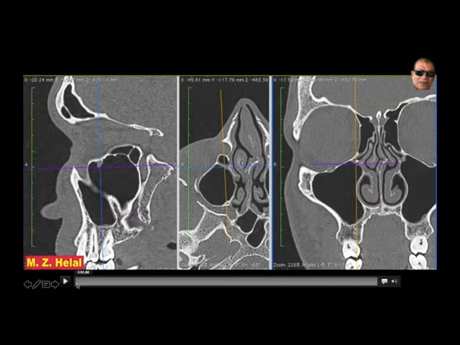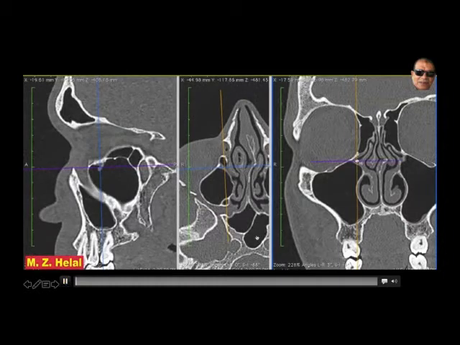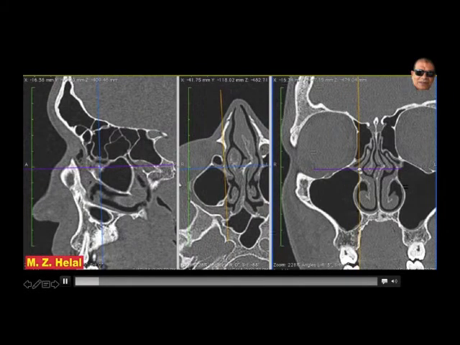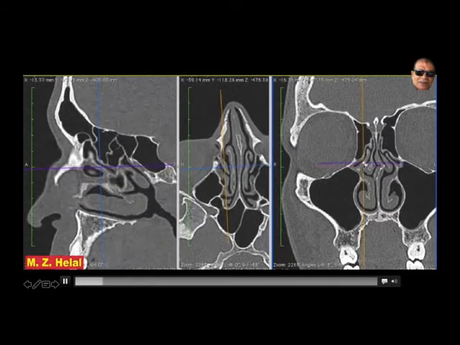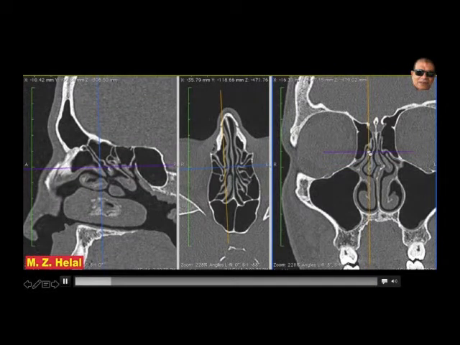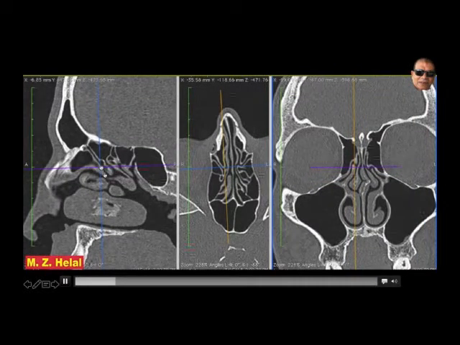By grasping the coronal intersection and moving, I visualize the ostium on the sagittal. And now I'm moving along the uncinate process superiorly here, and then look for the sagittal cut.